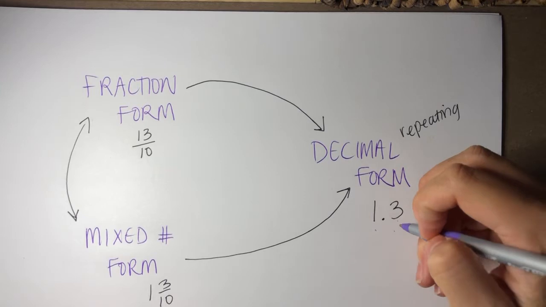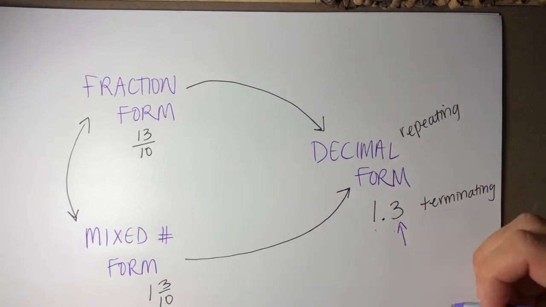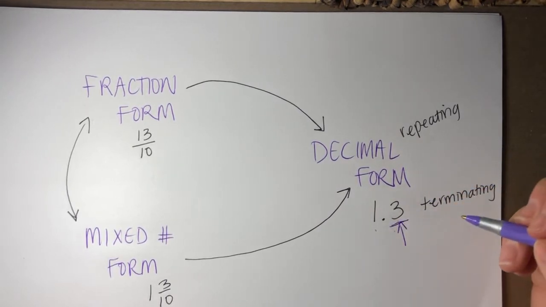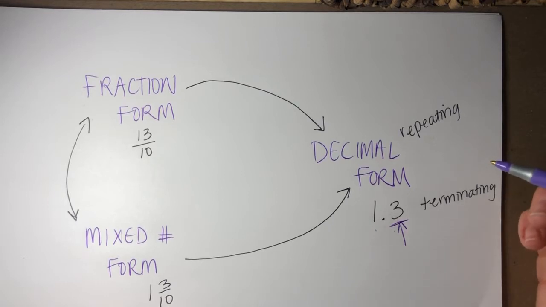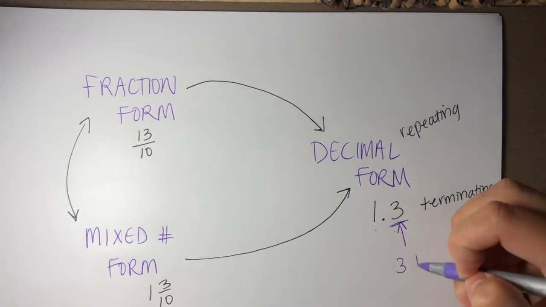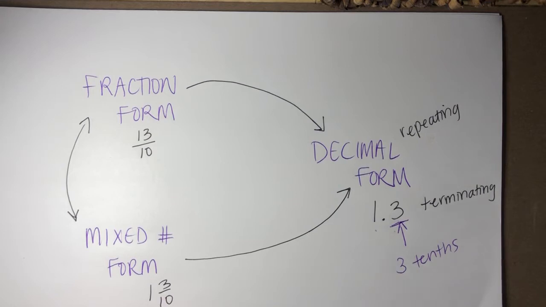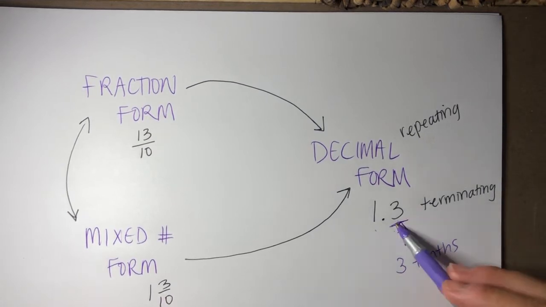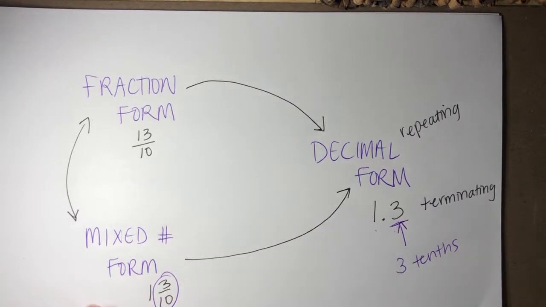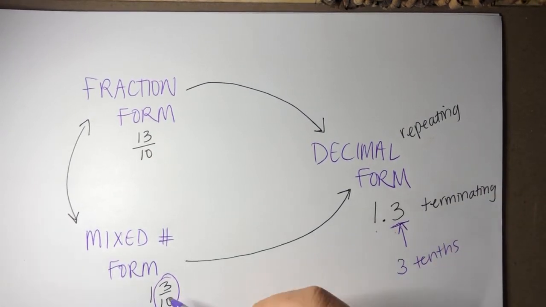Well, if I read this decimal 0.3 the fancy or correct way, it's read as 3/10, because we're in the tenths place. 3/10, 3/10. I hope you're seeing that these two things are related. So the place value of a decimal is going to equate to what it looks like in its mixed number form or its fraction form.